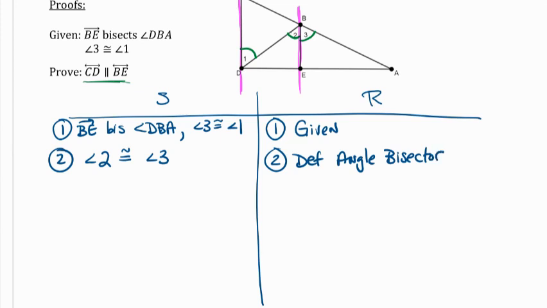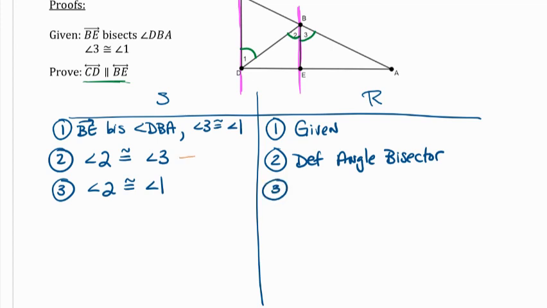So then once we marked these congruent, we noticed that we're also told that 3 is congruent to 1. That's given information, so I don't have to write it down again. But when we made those marks, that also means that 2 and 1 are congruent because they have the same marks. So now I can also write that angle 2 is congruent to angle 1. We just have to think about where that comes from.